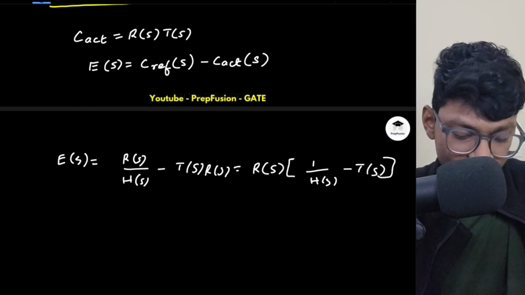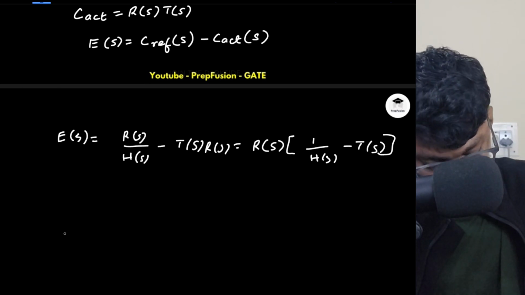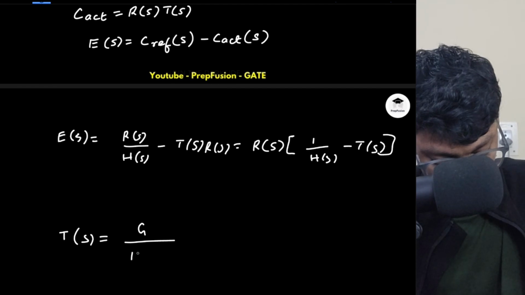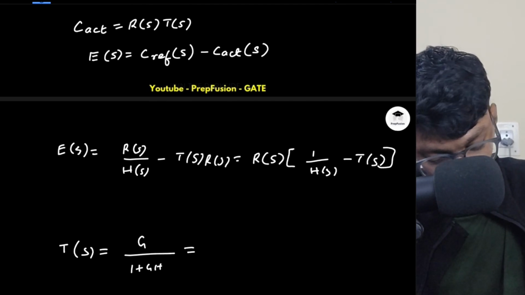Now we need to solve it. What is my transfer function when it is a non-unity feedback system? It is G divided by 1 plus GH. So what is G?